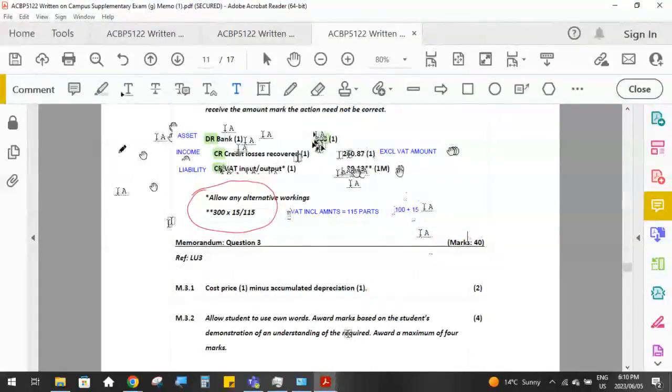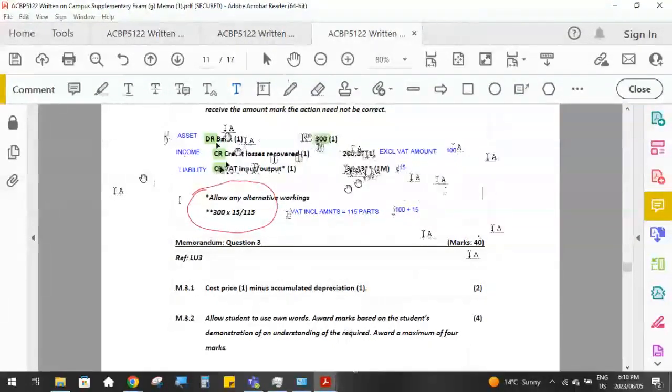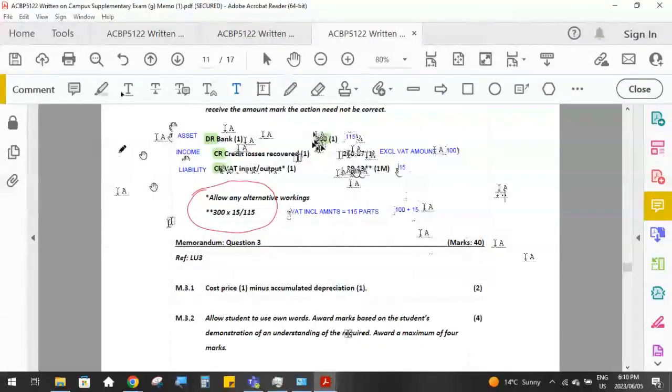So this 260.87 is the excluding VAT amount, which is the 100 parts, and the 39.13 is the VAT, which is the 15 parts, and the 300 is the 115.